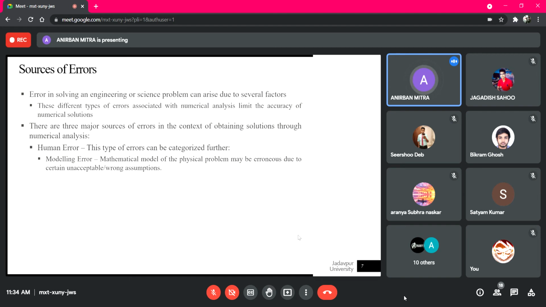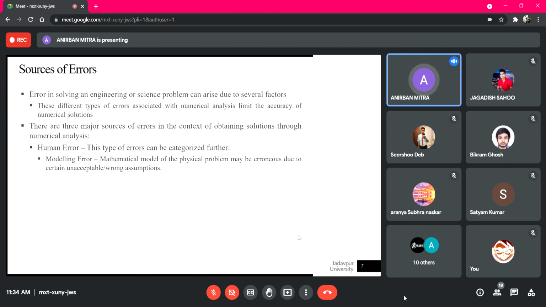Suppose that assumption is wrong. Instead of this linear dependency, the drag force or the air resistance actually depends on the square of the velocity. So if that is the actual case, and in your mathematical model, you have considered the drag force to be proportional to velocity only, that is a linear function you have considered, then obviously your mathematical model is wrong and so is the result you will be getting from it.